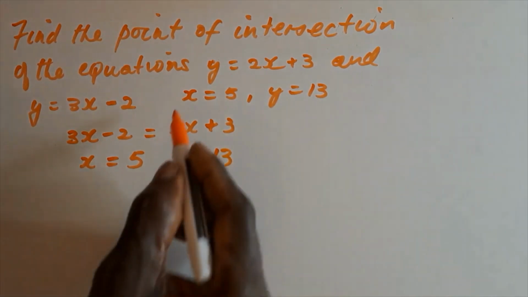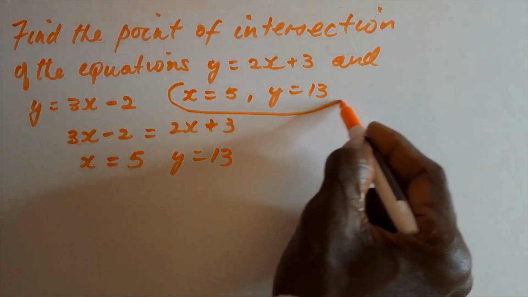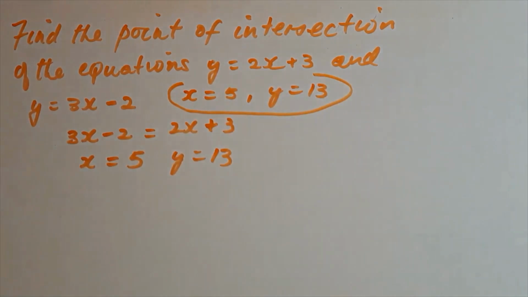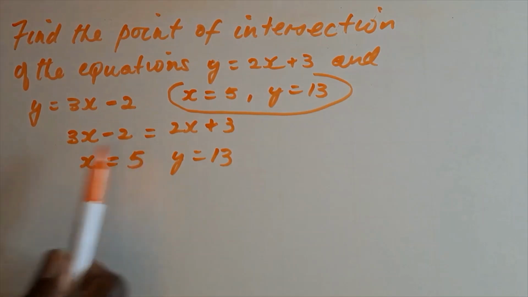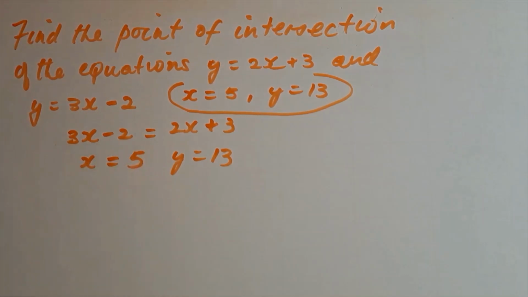So we could just state that the solution of the simultaneous equations also indicates the point at which these two equations intersect, or the graphs intersect. These are the equations of the graphs. Or we could just calculate it.